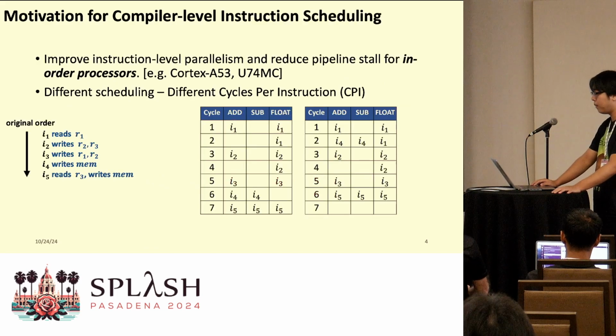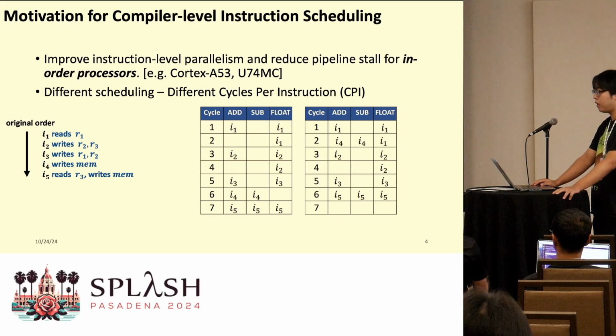The motivation for compiler-level instruction scheduling is that different orders of instructions may cause different cycles per instruction on different microarchitectures, and some microarchitectures do not support out-of-order execution. That means the responsibility is passed to the compilers. If we can reorder the instructions properly, it may have less CPI.